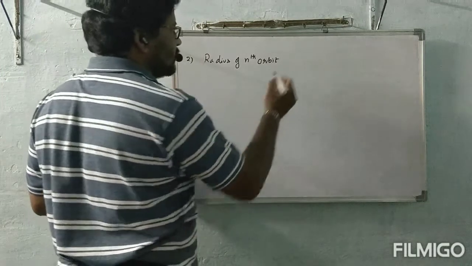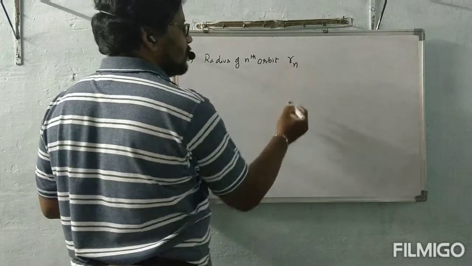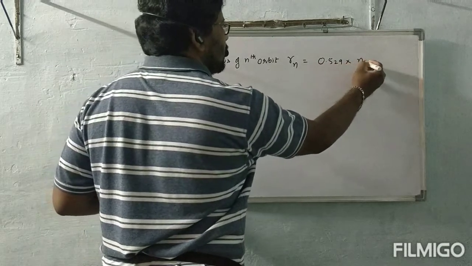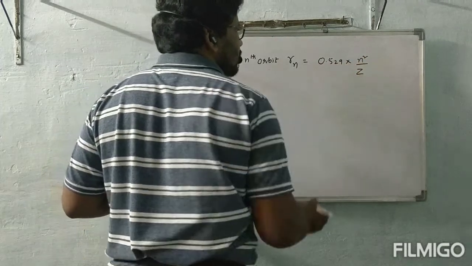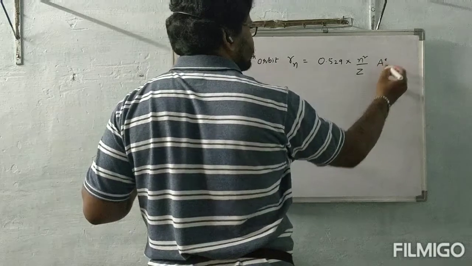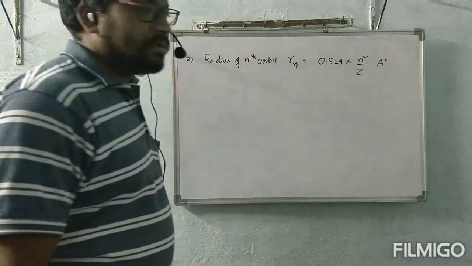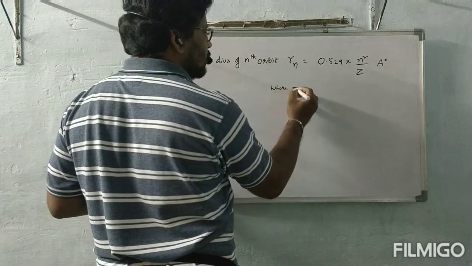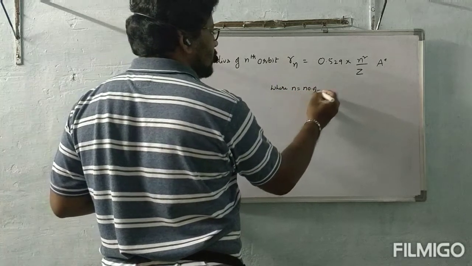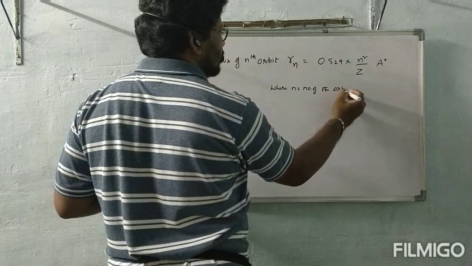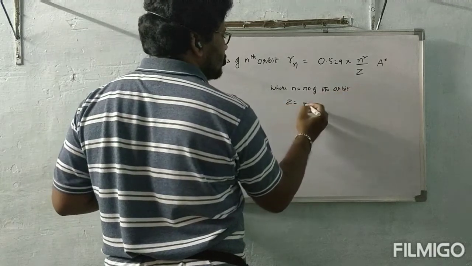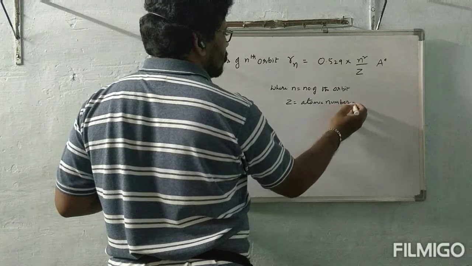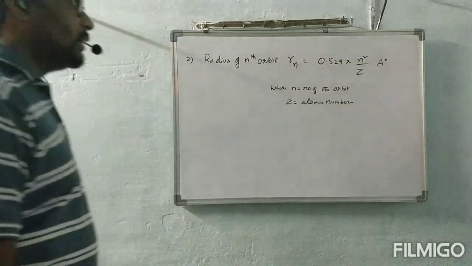Radius of nth orbit Rn is equal to 0.529 into n square by z angstroms, where n is equal to the number of the orbit and z is equal to the atomic number.